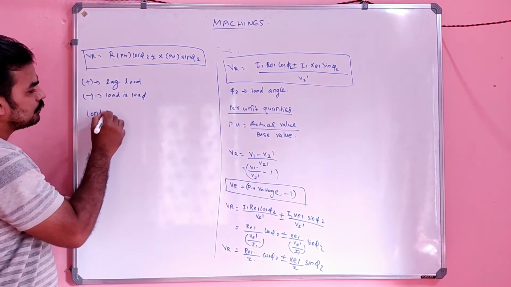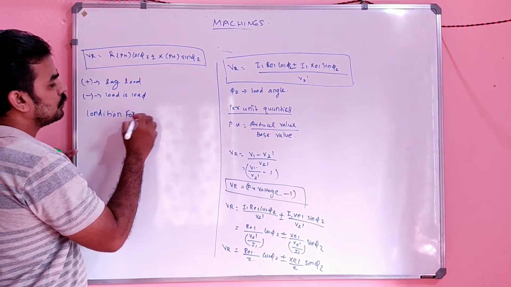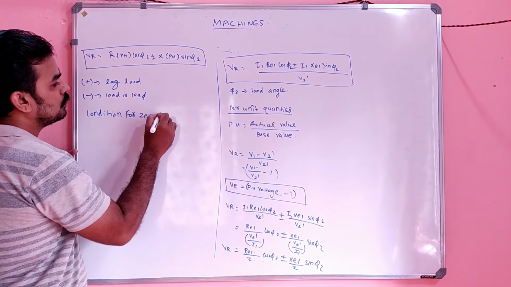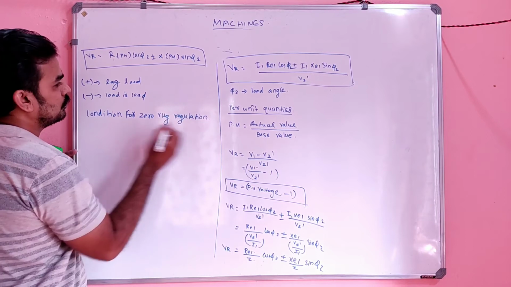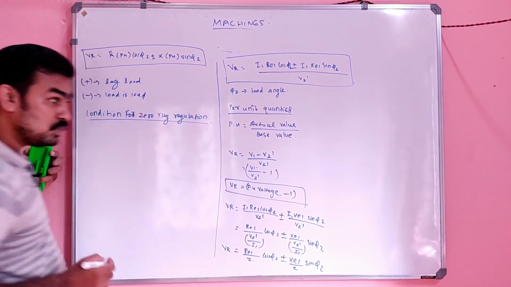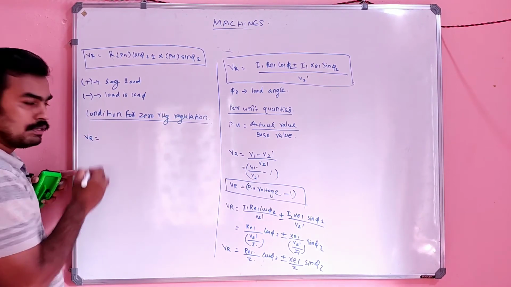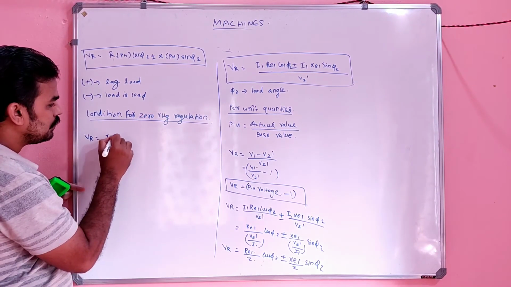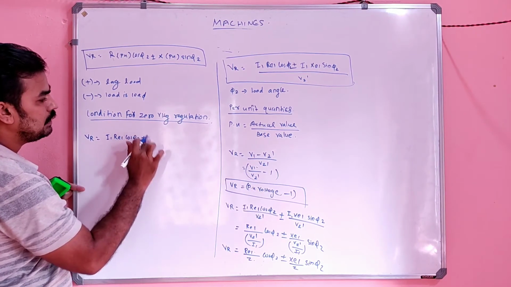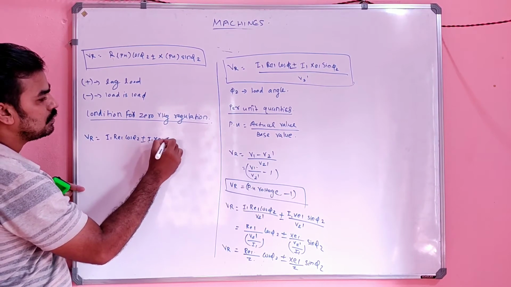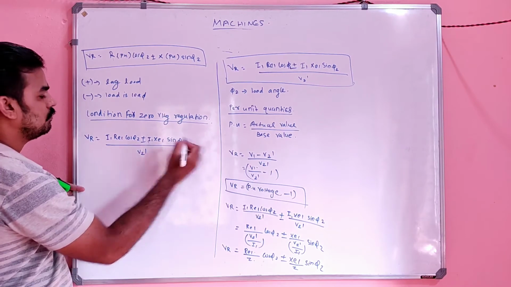Condition 4: condition for zero voltage regulation. We have the basic equation of voltage regulation as VR is equal to I1 into RE1 cos phi 2 plus or minus I1 into XE1 sin phi 2, all divided by V2 dash, right?